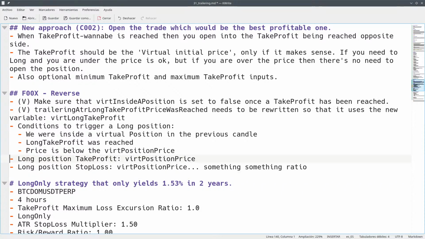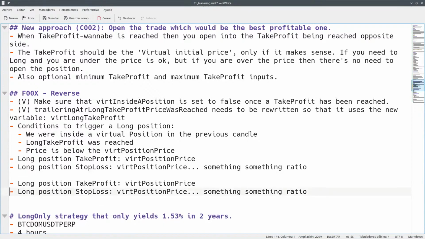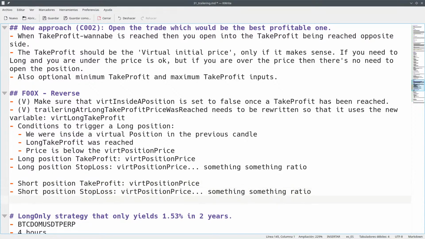The same thing should happen with the short position. So we have not ended this. So this is quite a complex script, if you ask me.